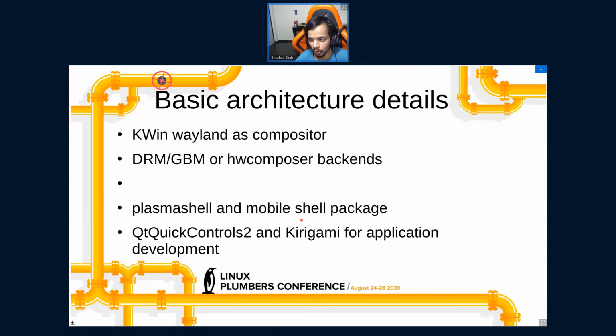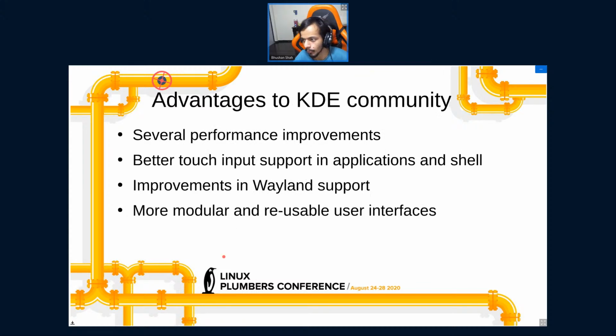It can also run the mobile shell. So we have this mobile shell package which gets loaded in the shell. There is also Qt Quick Controls and Kirigami, which we use for application development.